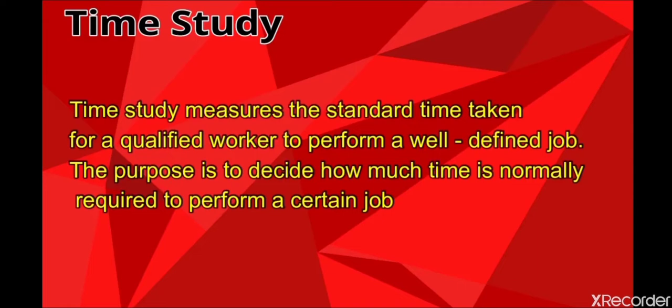If Mr. X is taking 4 hours to complete a task and Mr. Y is taking 5 hours to complete the task, so the average time of completing that particular task must be 4.5 hours. Clear? So the standard time should be 4.5 hours and the workers have to perform that particular task in that given period.